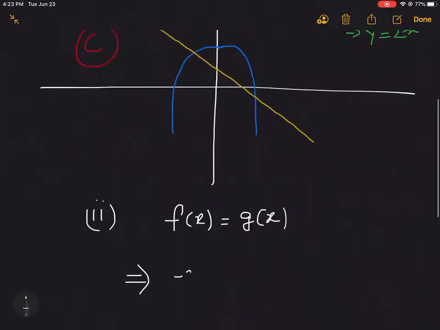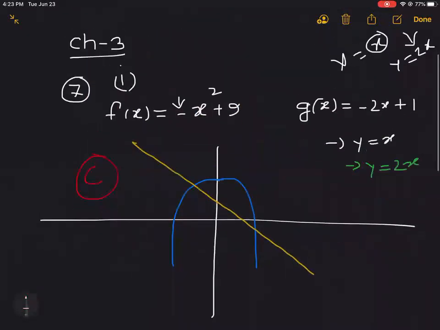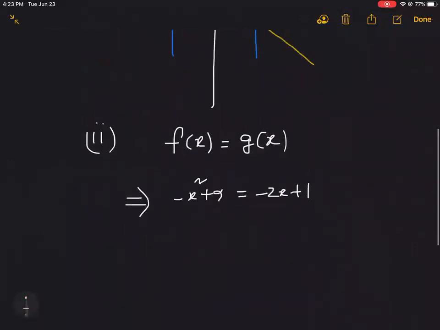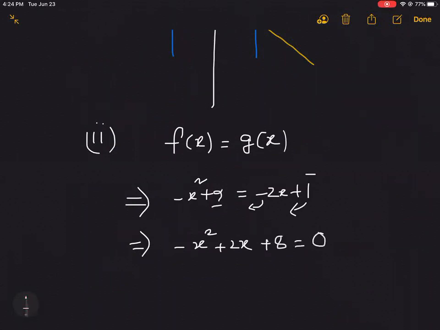So negative x squared plus 9, g of x is negative 2x plus 1. If we solve it, we'll get the result. So negative x squared, if we change sides for this, it will be positive 2x. If we change sides for this, it will be negative 1. So 9 minus negative 1 will be 8 equals 0.